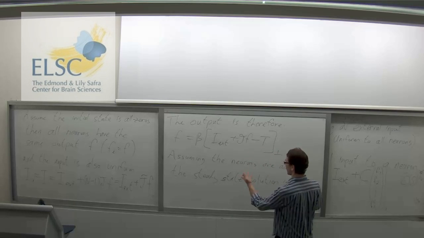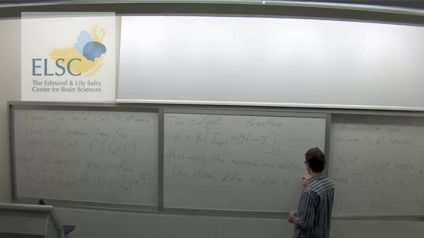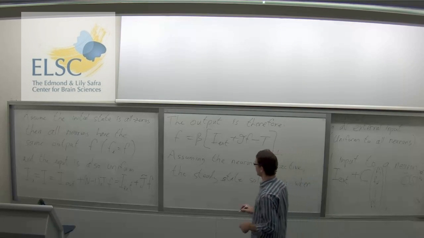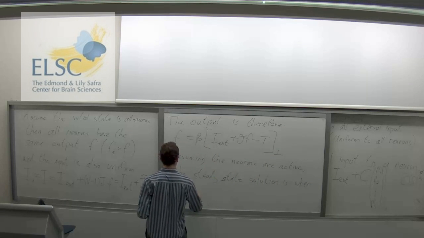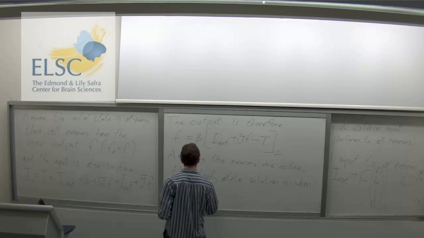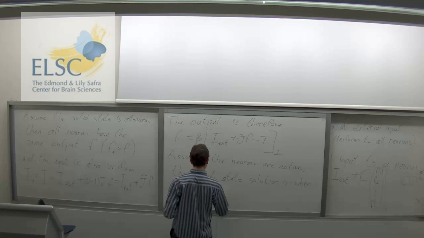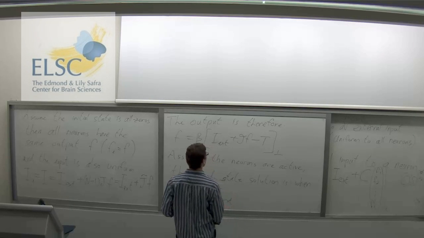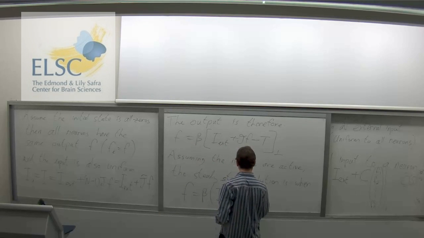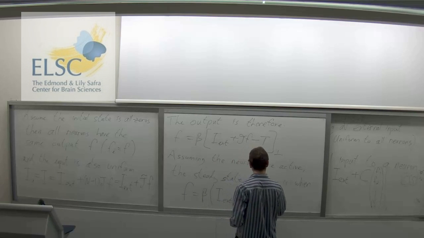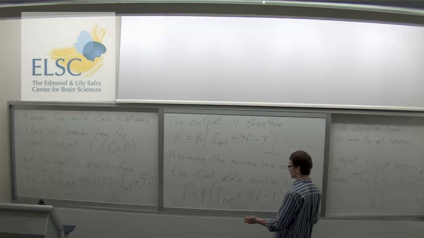So let's write again the equation: F equals beta times I external plus J tilde F minus T. This has to be solved.